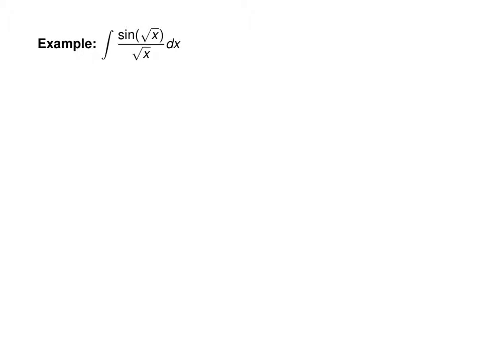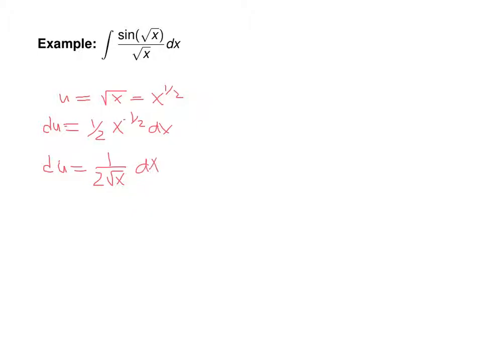So here, it's not obvious it's going to work, but if you let u equal root x, which is x to the 1/2, notice what happens. du is 1/2 x to the negative 1/2 dx, or du is 1 over 2 root x dx. That's almost what we have.